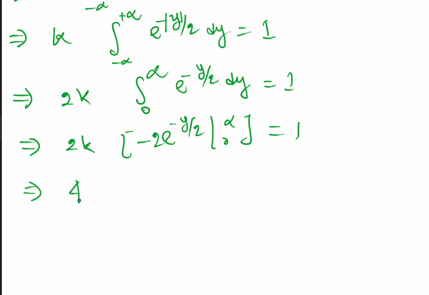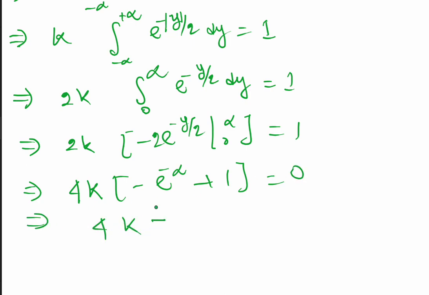So that means 4k times minus e to the power minus infinity plus 1 equals 0. So that means 4k, this is actually 0, so 4k should be 1, so that means k is equal to 1 by 4.